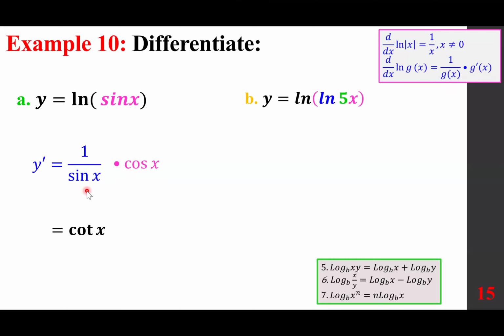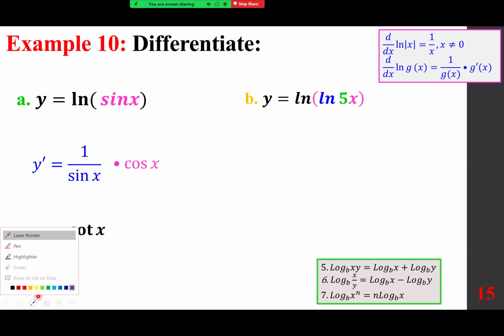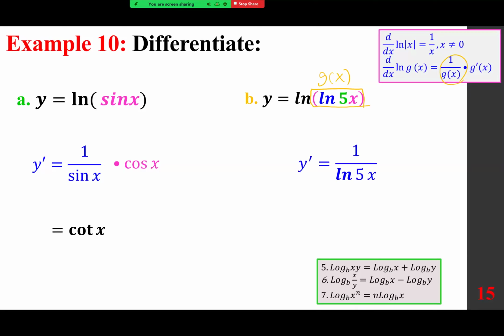ln of 5x. First, I'm going to call this g of x, which means I need 1 over g of x, 1 over ln of 5x.